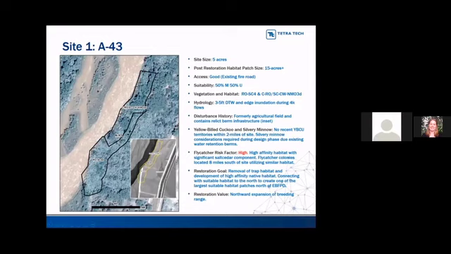Yellow-billed cuckoo is something I want to make sure we bring up, because that was a complicated hurdle to overcome for the project, and we had to eliminate several sites because they were nearby yellow-billed cuckoo habitat or corresponded to yellow-billed cuckoo habitat, and it's bad practice to take habitat from one endangered species to create habitat for another one. All right, we could probably go to the next slide.